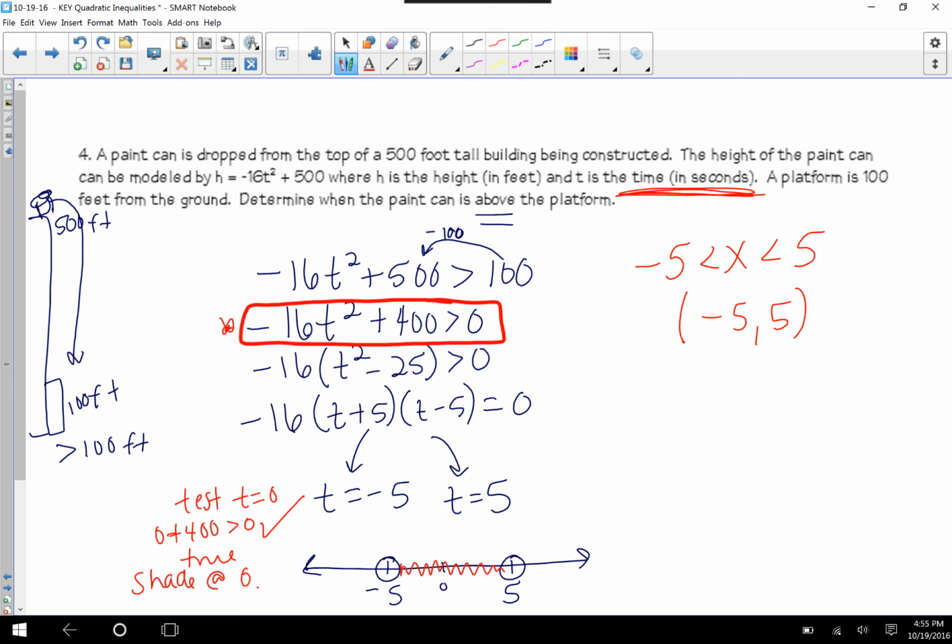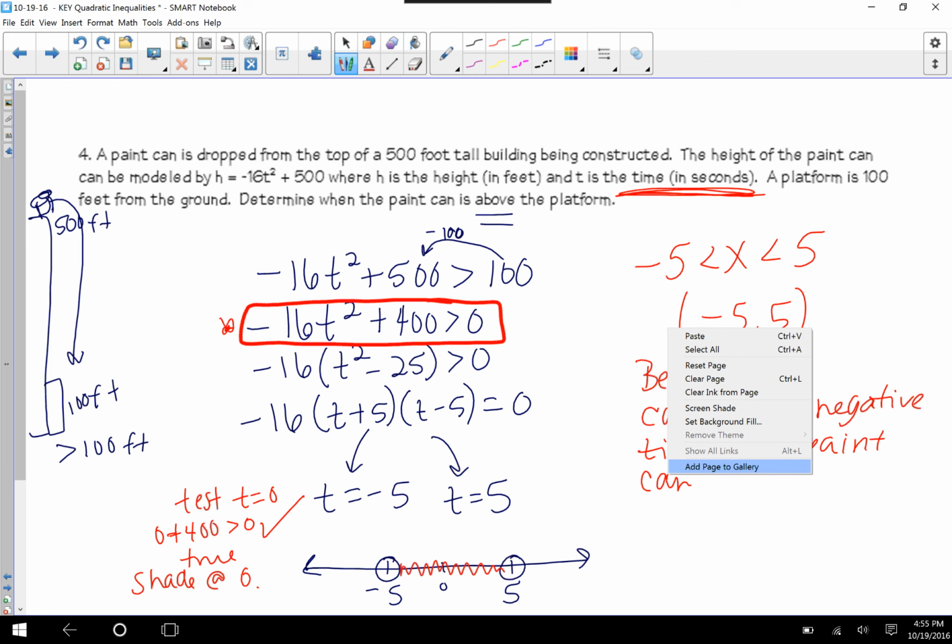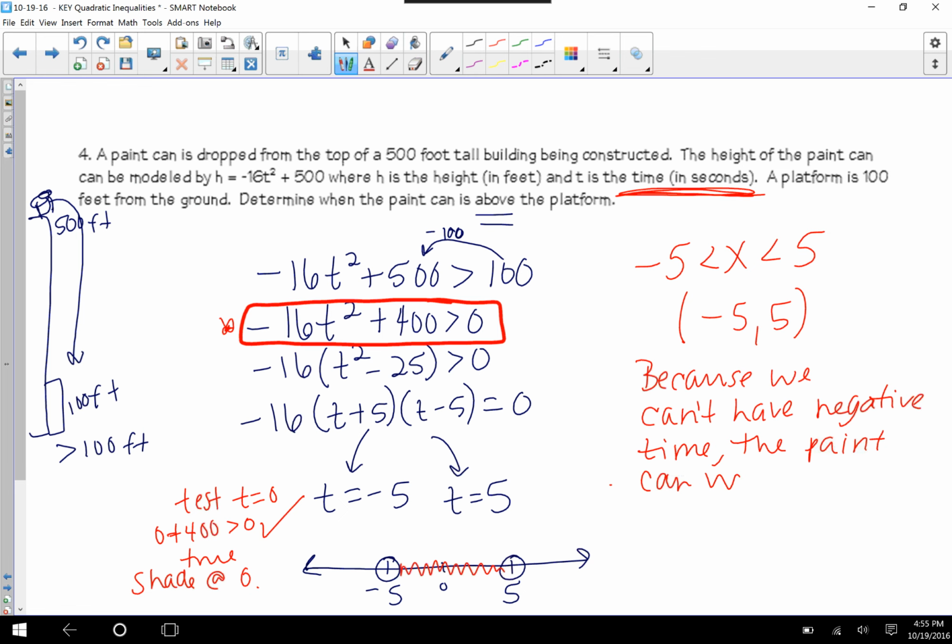So when I interpret this, because we can't have negative time, the paint can will be above the platform from 0 to 5 seconds.